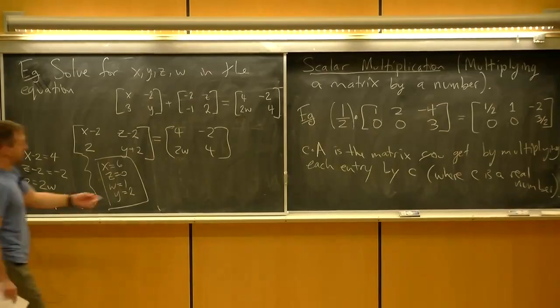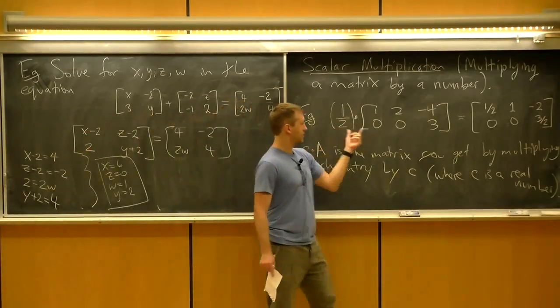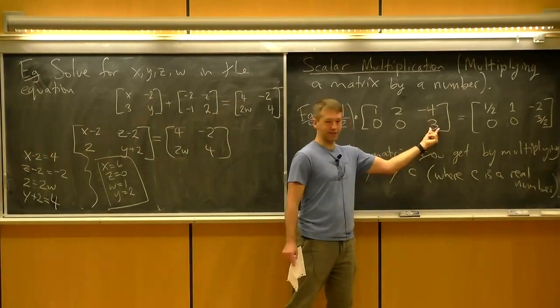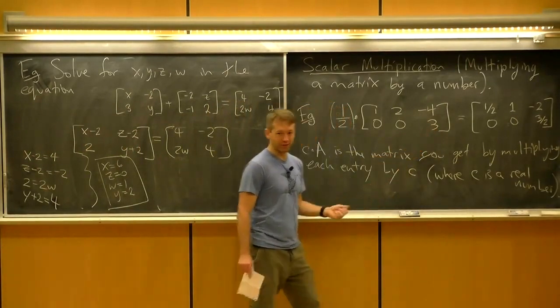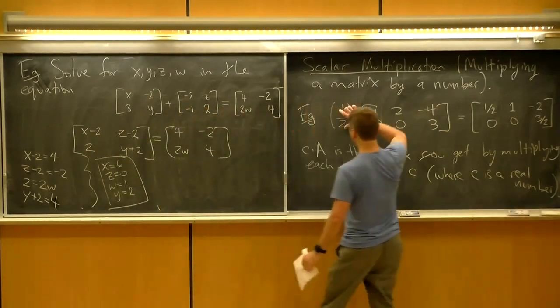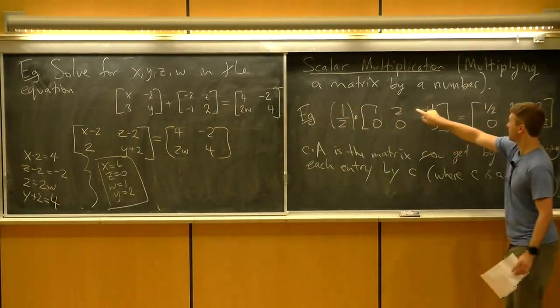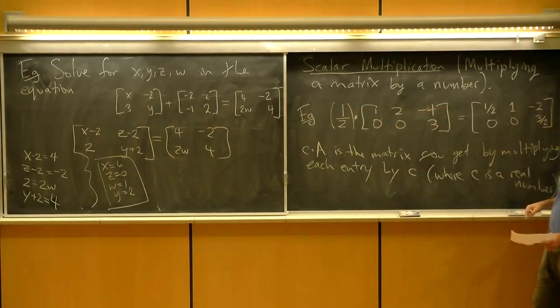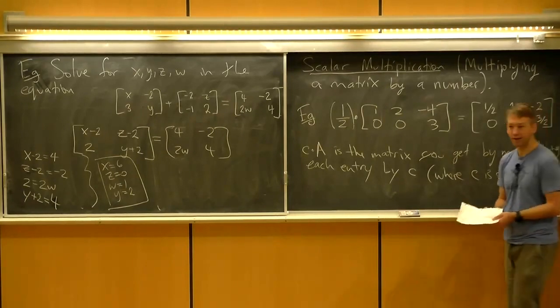Because I'm bringing this 1/2 into everything, that 1/2 gets multiplied by the 3, and then it's 3/2. So this is just the number 1/2 being multiplied by everything in the matrix. 1.5 is the same thing, so that'd be totally fine.